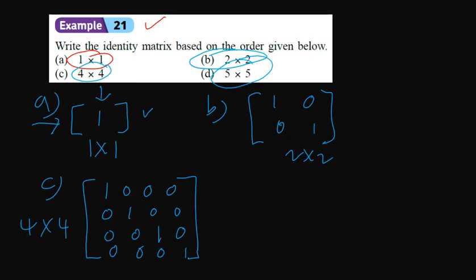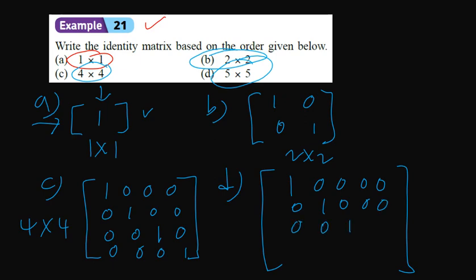Okay, 5 by 5. Start with 1 0 0 0 0, 5 elements. So 0 1 0 0 0, 0 0 1 0 0, 0 0 0 1 0, 0 0 0 0 1. So this is a 5 by 5 order.